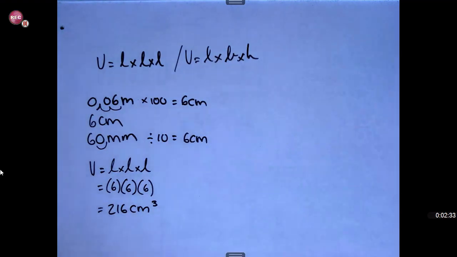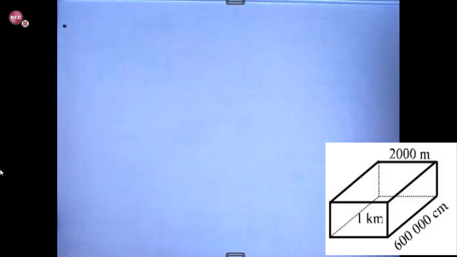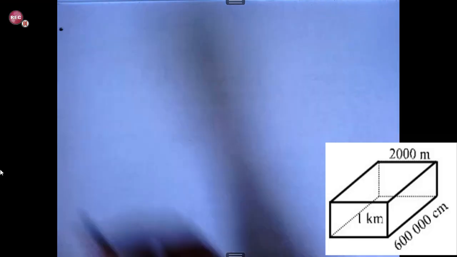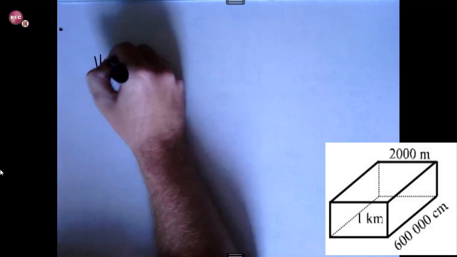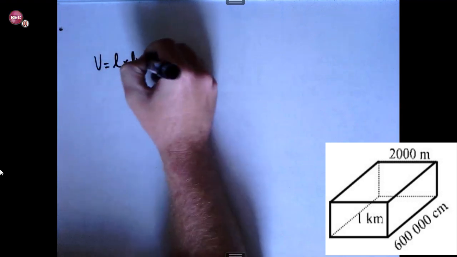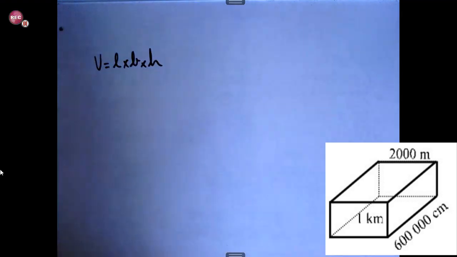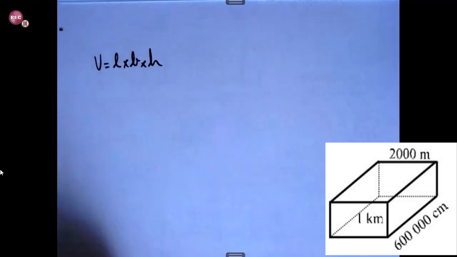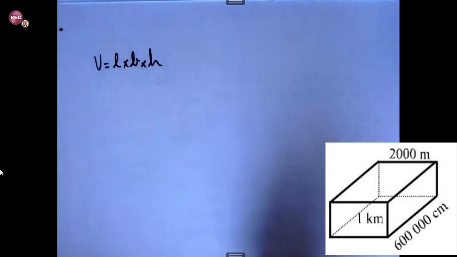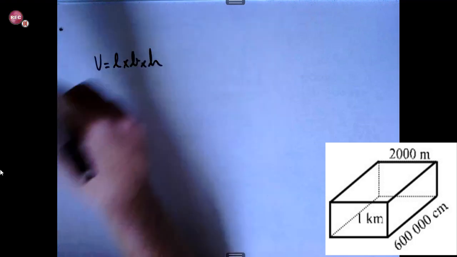Okay, moving on to the next one, we will be looking at a rectangular prism. The standard formula for a rectangular prism would be volume is equal to length times breadth times height. Then this rectangular prism, as you can see at the bottom, would have the following measurements.